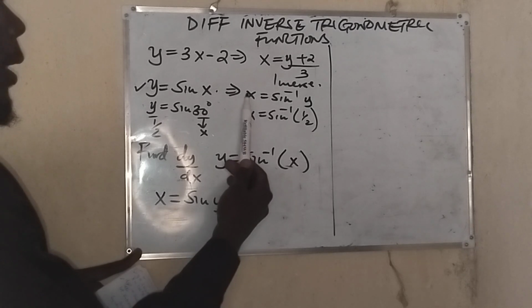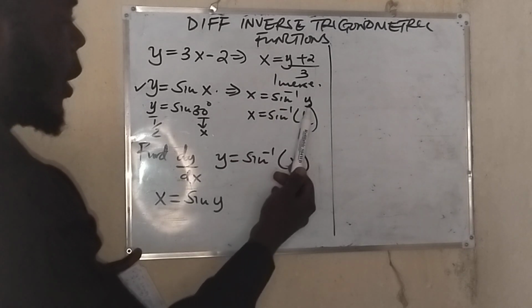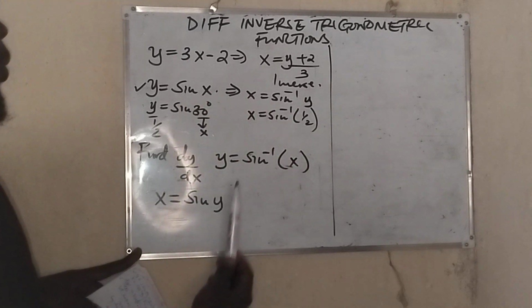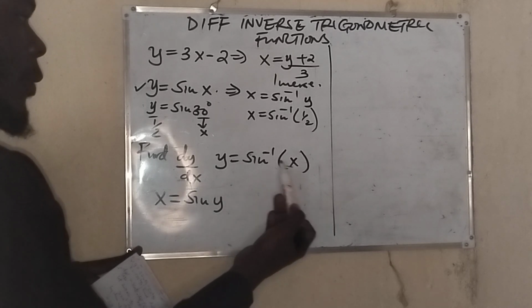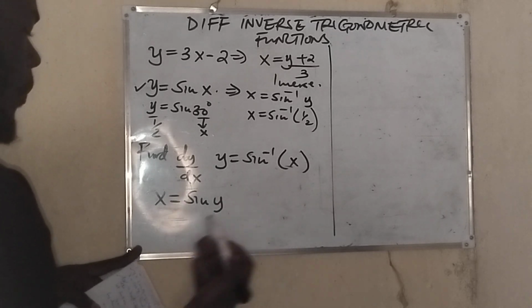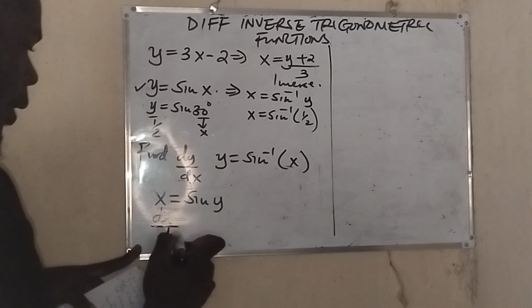That's the same as here, where x equals the sine inverse of y, so y will be equal to sine of x. So the same here: if y equals sine inverse of x, then x equals sine y. At this point you can find dx dy.